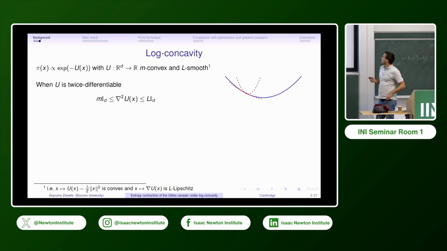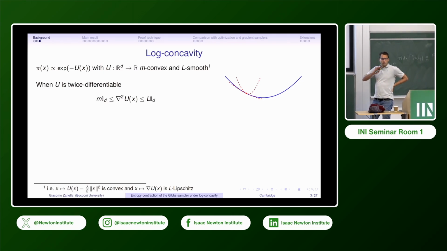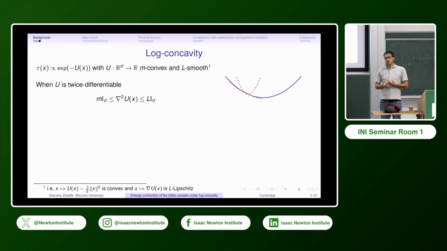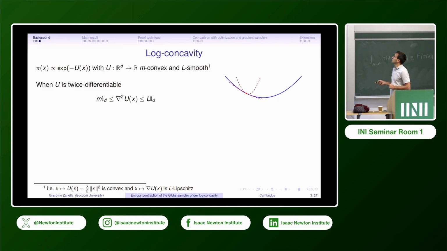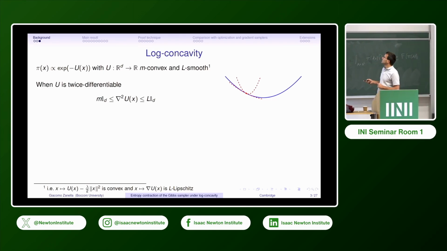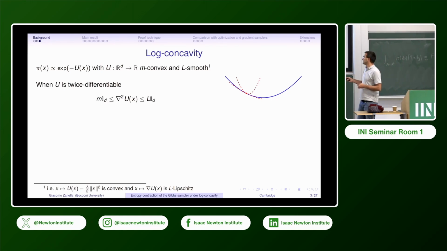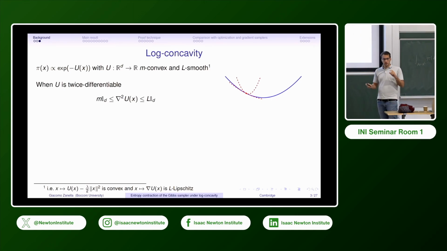The whole talk will be focused on log-concave distributions, so providing non-asymptotic bounds under strong log-concavity assumptions. This is the context of this talk. We'll assume that I have a potential U, which is a function from R^D to R. I will make the classical assumption of the potential being M-strongly convex and L-smooth, meaning that if you have a Hessian, which you might not have, but assuming that you have a Hessian for simplicity, the Hessian is upper and lower bounded by constant multiples of the identity.